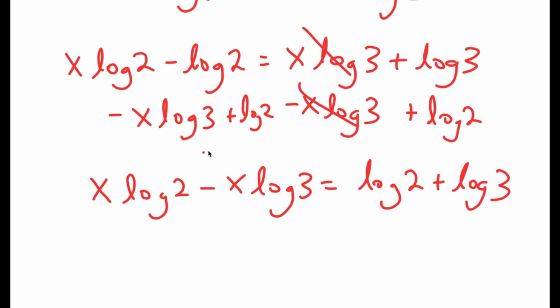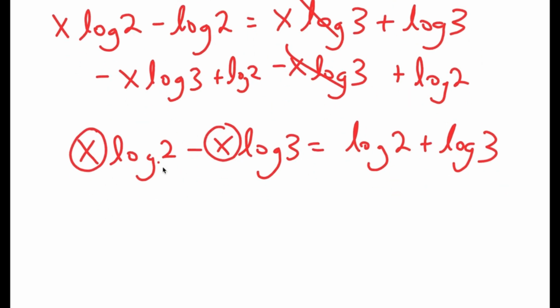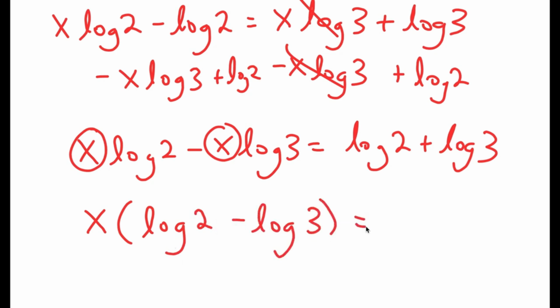So now from here, because these two terms have x in them, I can factor out x. So I get x times log 2 minus log 3 is equal to log 2 plus log 3.